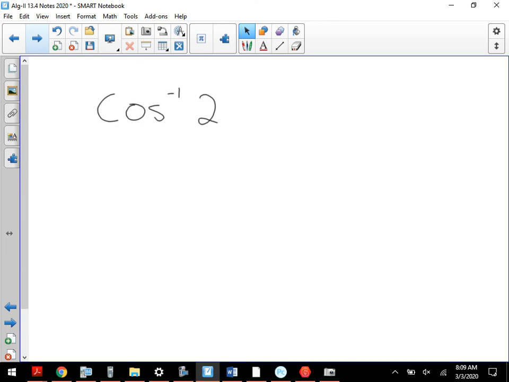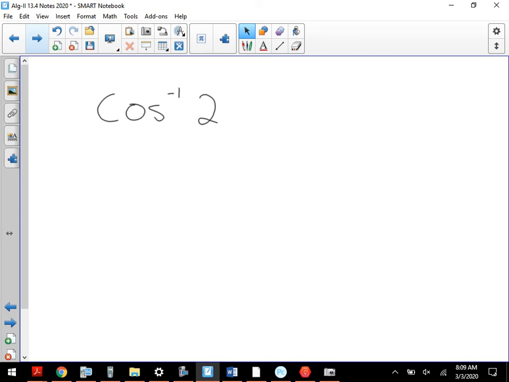What angle has a cosine of 2? If it's a quadrantal, what are your ordered pairs of the quadrantal? 0 and 1.